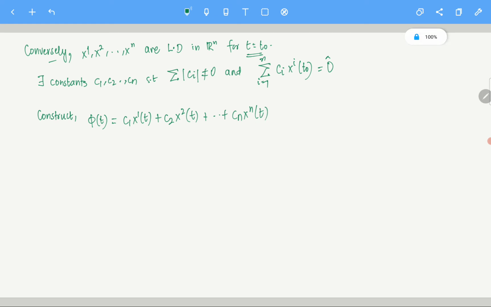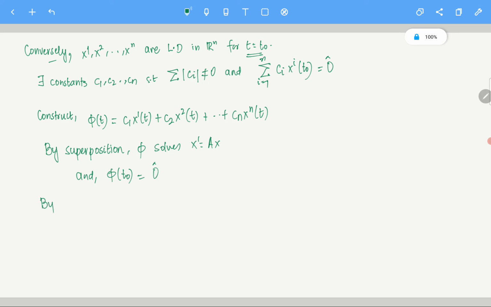Now this function, by superposition, solves x' = Ax. φ solves x' = Ax, and what is φ at the point t_0? φ(t_0) is c1 x1(t_0) plus ... plus cn xn(t_0), and that is going to be the zero vector. Clear?